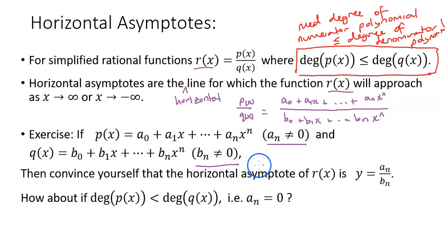Then we only really care about what happens as x gets bigger and bigger, and so this is the same function for large values of x if we divide both the top and the bottom by x to the power of n. And the same with all the other terms. So divide by x to the n, divide by x to the n.